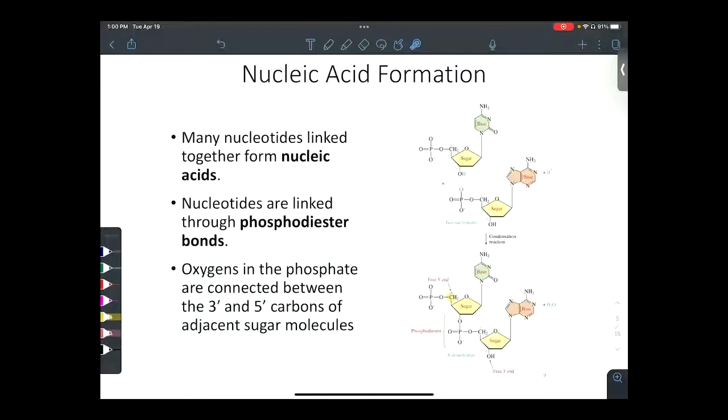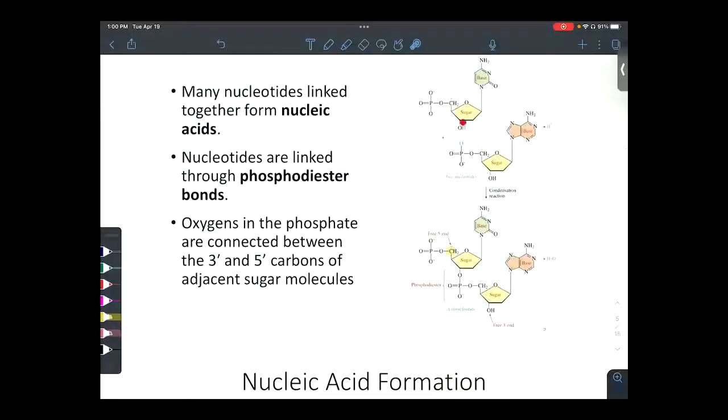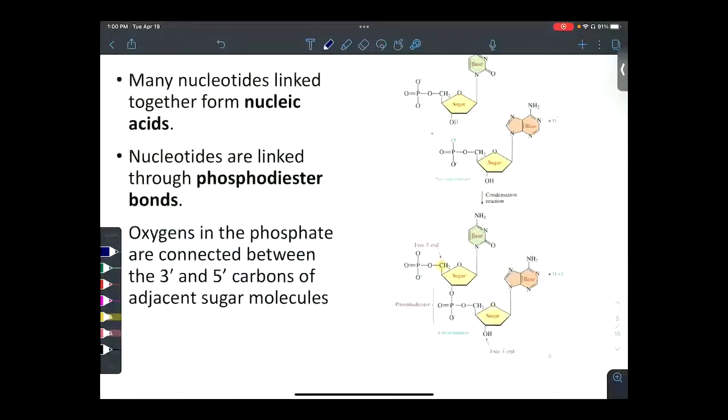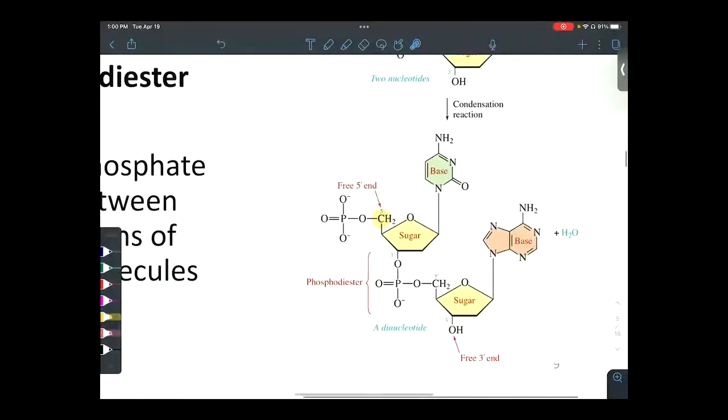What we're looking at here, the bond being formed when we combine these two separate nucleotides, we're forming a bond off of the phosphate group onto the OH group off of carbon number 3.